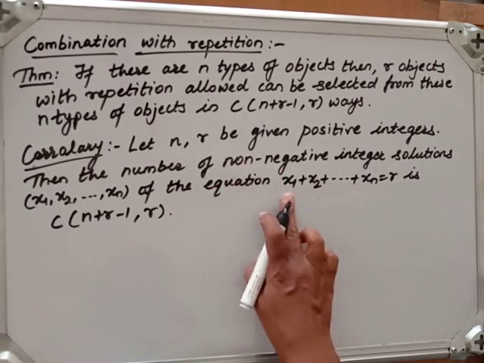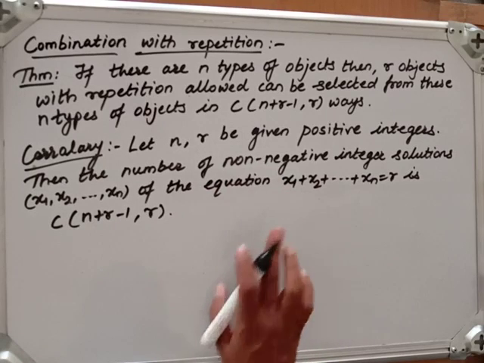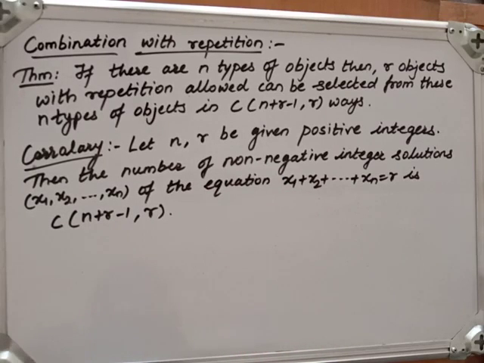So here also for each place we have the r. This is repetition allowed, so n types of elements and we have to select r elements with repetition.